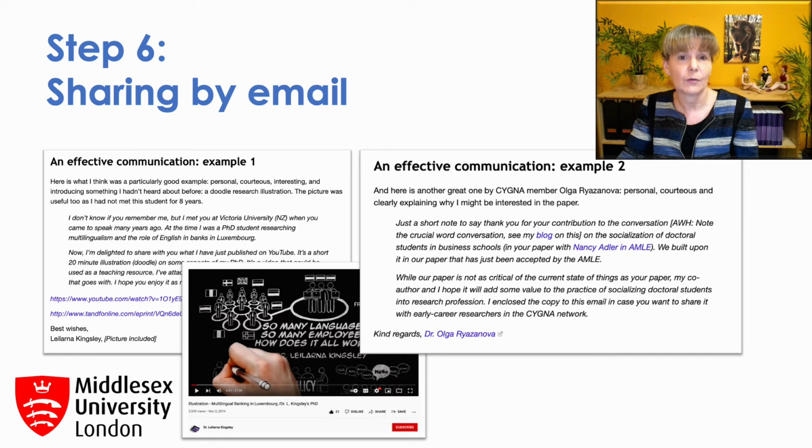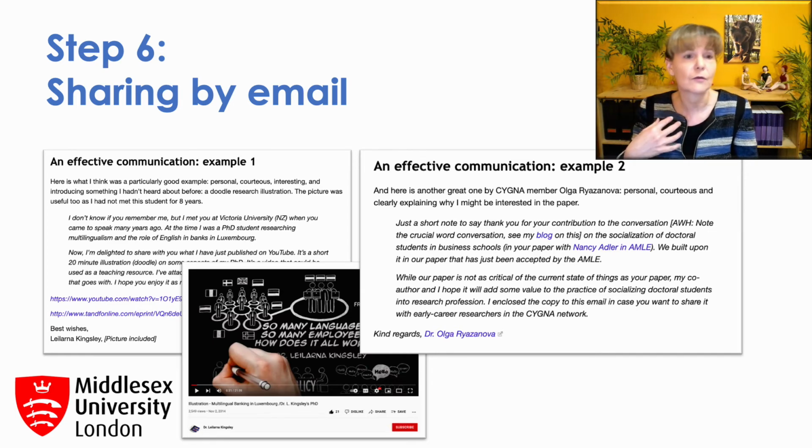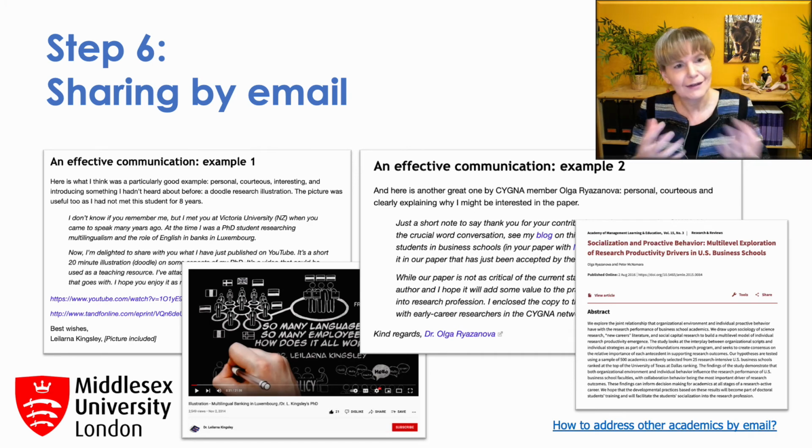And she shared that with me, but she also said that maybe the Sick Now Women's Network, of which she is also a member, might be interested in it as well. And I think that's a really nice way of sharing your work because you identify why the person might be interested in it. So these emails are not just about, here's my work, they are carefully thinking about useful ways in which you can do it.